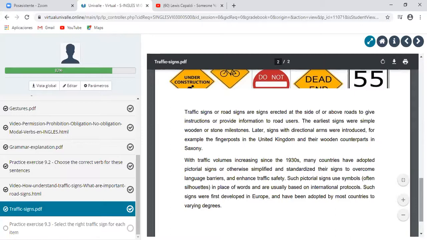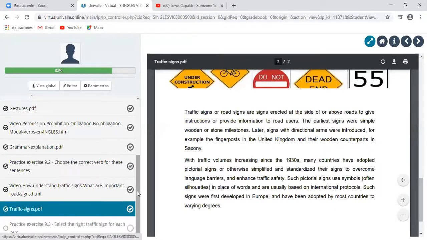Such pictorial signs use symbols, often silhouettes, in place of words and are usually based on international protocols. Such signs were first developed in Europe and have been adopted by most countries to varying degrees.